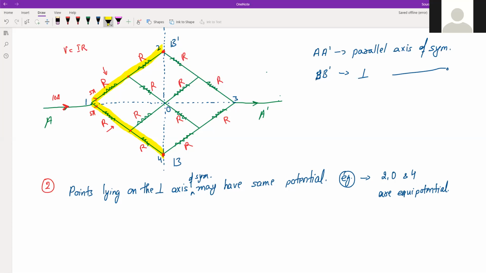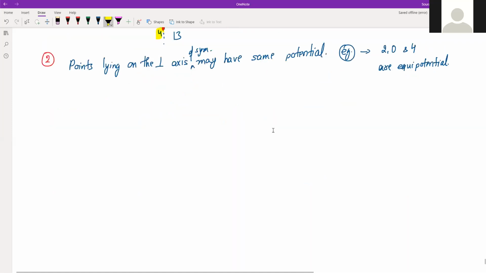So that's why we say that point 2 and point 4 are at the same potential. And the same thing is true about this point O. Here the path is a little different, but because it is on the perpendicular axis, we say that this will also have the same potential. So that was our second step of this method, the equipotential points method.